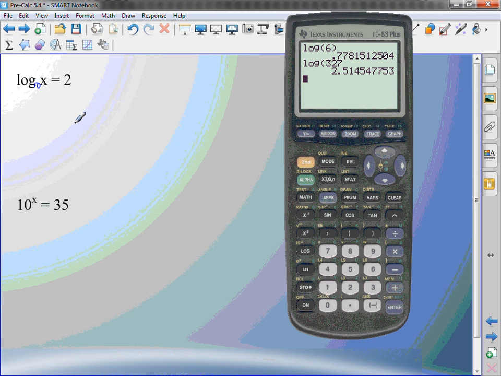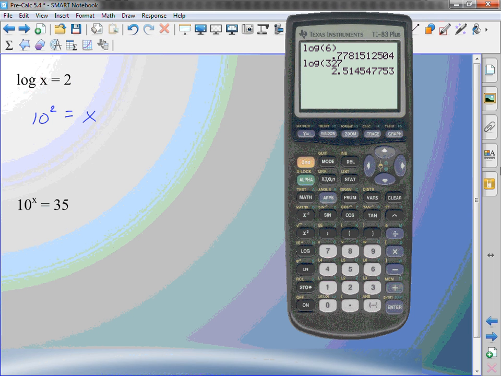Okay, change the log into exponential form. 10 to the second power equals x. The way to think of these problems, changing from a log to exponential, it is always the base to the answer equals the middle part.